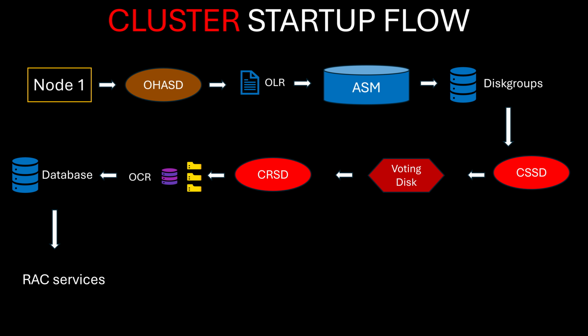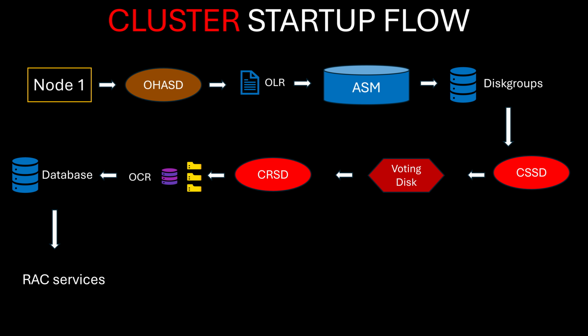If ASM is not available, or OCR cannot be accessed, without OLR, Oracle would not know how to start ASM. The entire startup process would be stuck before it even begins. This is exactly why OLR exists. This is the main question that an interviewer can ask you.